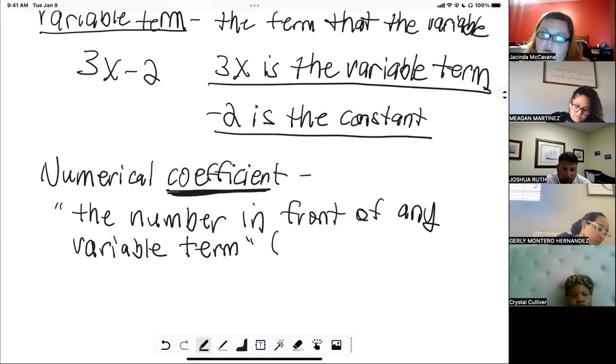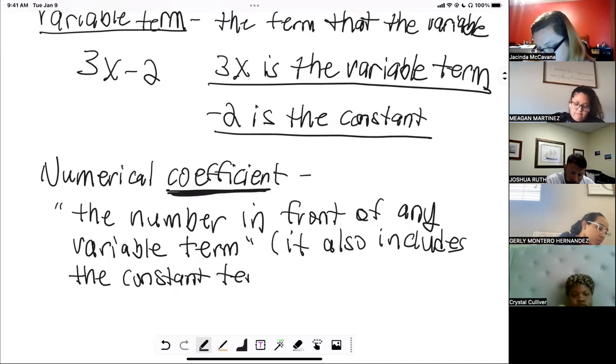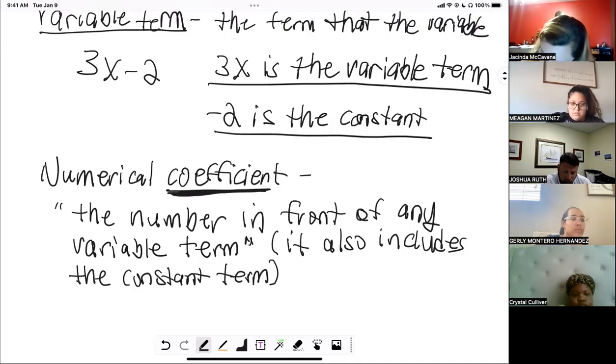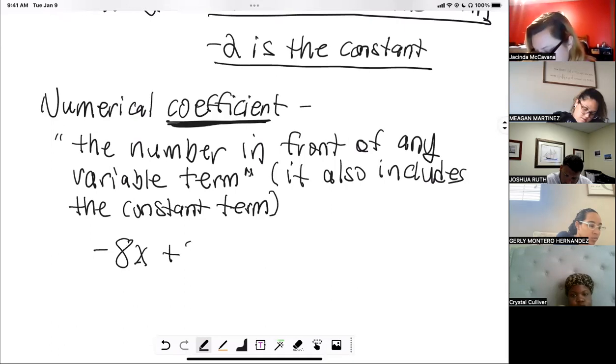Okay, now, really important. It also includes the constant. And I think it's a little too early for me to explain it to you because you have to know your exponents so I can really explain why. But I'm going to show you anyway, let's say we have negative 8x plus 2. Now, you never write this ever, ever. And this might go right over your head, and that's okay.